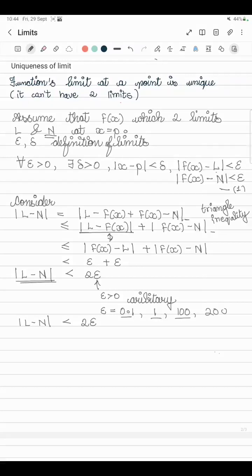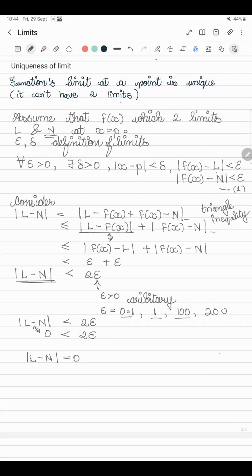As we know that epsilon is always greater than 0, we can equate mod of L minus n to 0, which means that mod of L minus n is equal to 0.